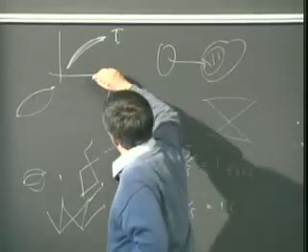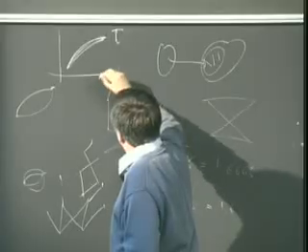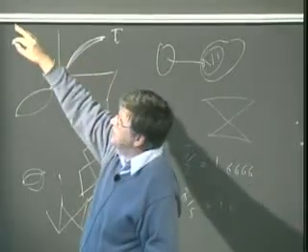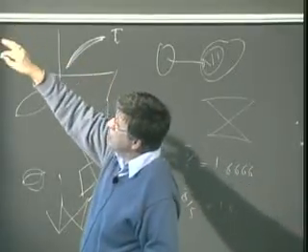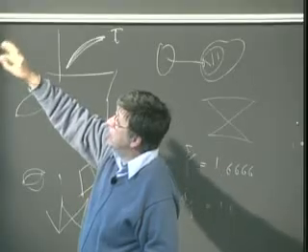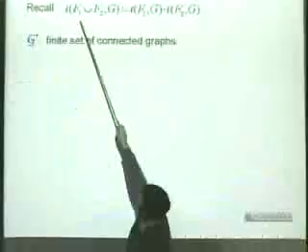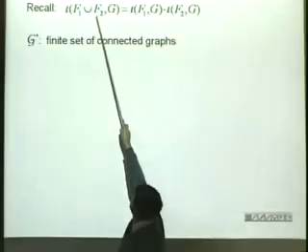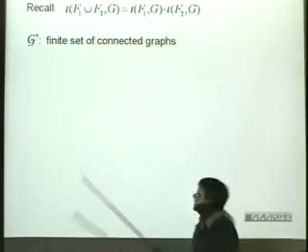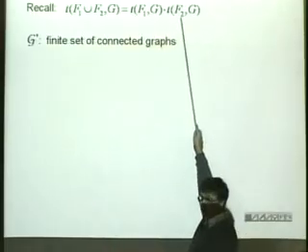And one of the ways, so this first line says that certain coordinates of this vector are determined by other coordinates. If a graph is disconnected, then it can be written as the union of two disjoint graphs, and its coordinate is determined by two other coordinates.